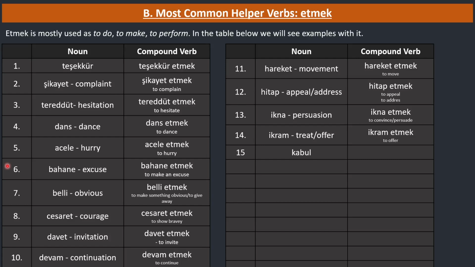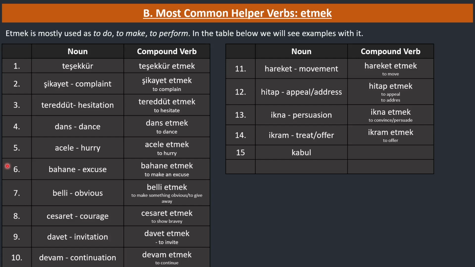So as a noun, that's really difficult to translate. Acknowledgement olabilir. Acceptation olabilir. Acceptance. Yes, that's better. So when you accept something, when you accept an offer, kabul etmek, to accept.